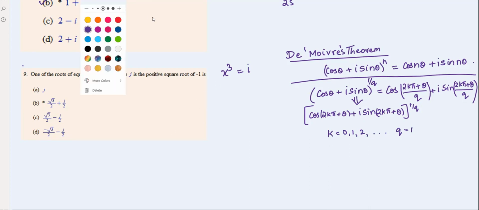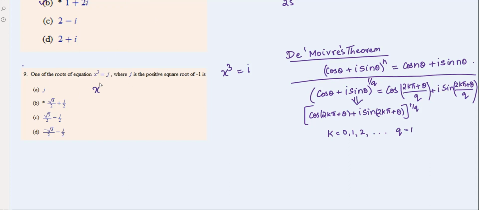So x cube is i, which is nothing but e power i pi by 2, that is cos pi by 2 plus i sin pi by 2. Now x is the cube root of this.